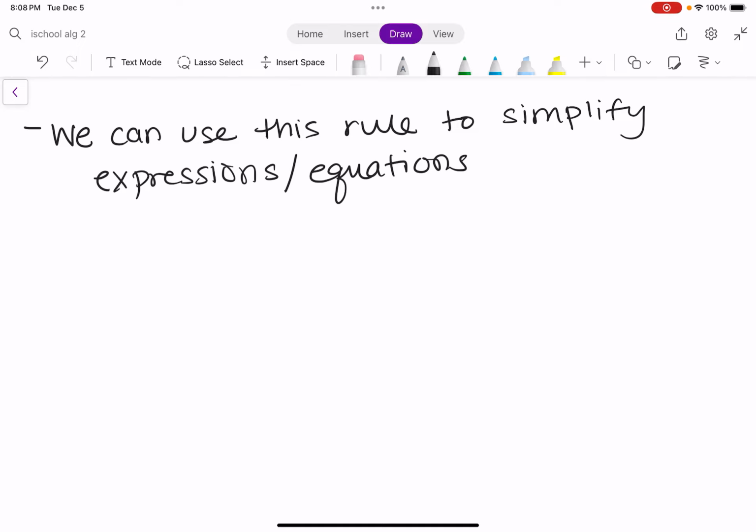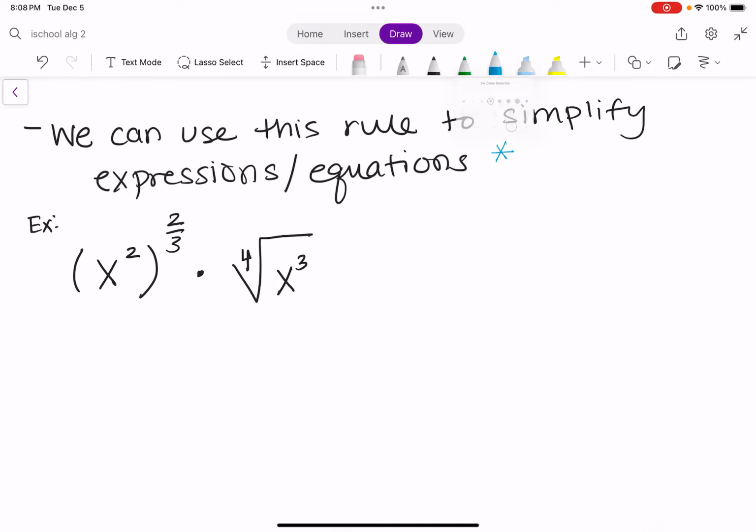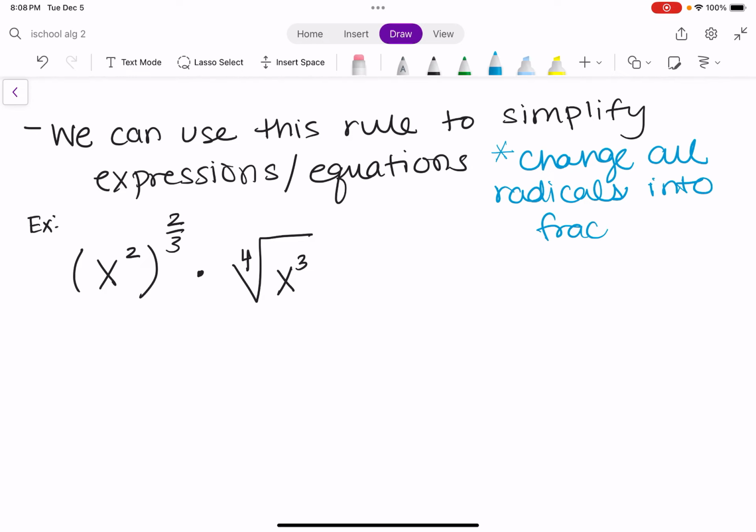Let's say we had the following. So this is example 2. Let's say we have x squared to the power of 2/3 times the 4th root of x to the 3rd. Now, when you see a question like this, your first step is to change all radicals into fractional exponents.